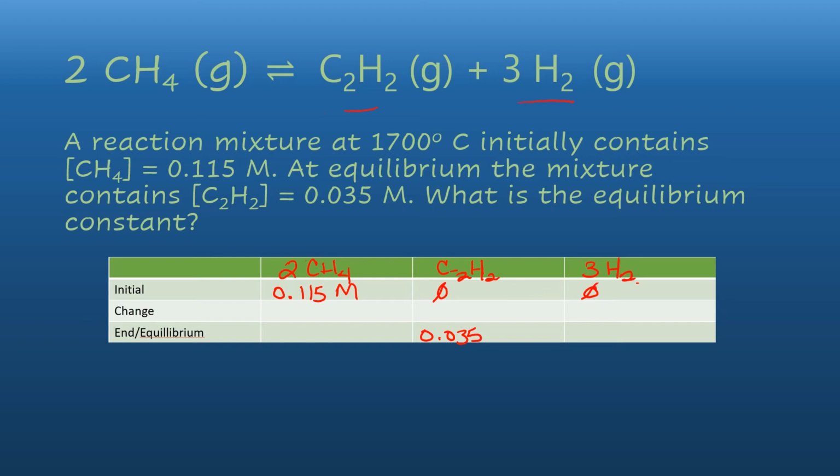We know the change. The methane is going to go down by 2x. The C2H2 is going to go up because it is a product, so it is going to go up by x. And hydrogen is going to go up, again because it's a product, by 3x.